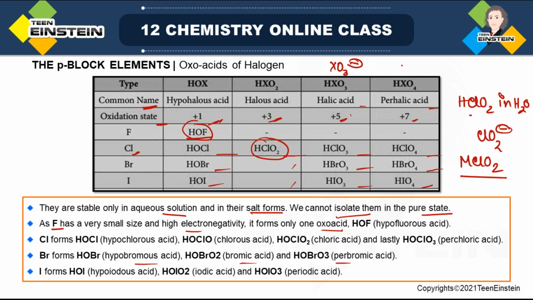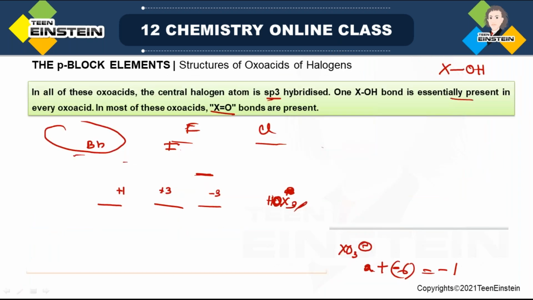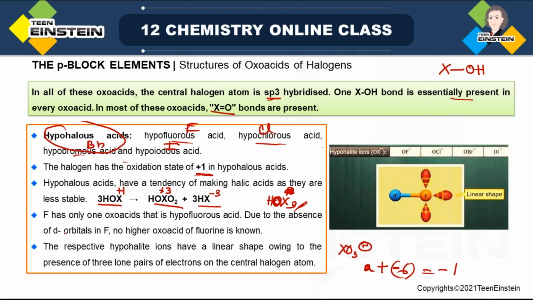In this way you can find the oxidation state of X here and also in the last one. So from +1 it has a tendency to convert to +5 and -1.